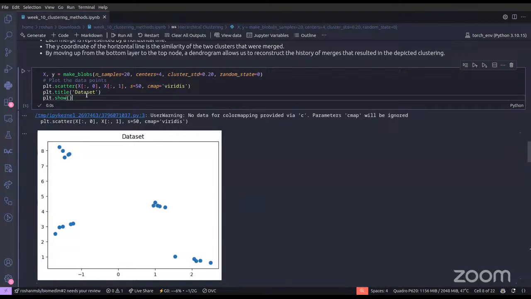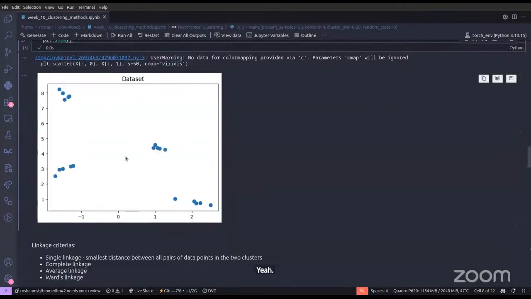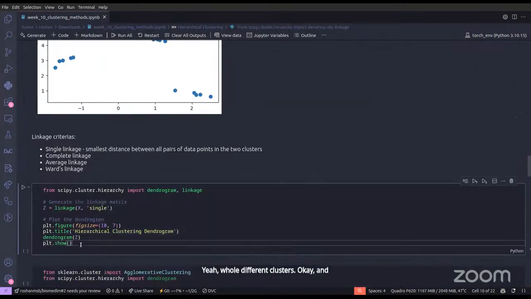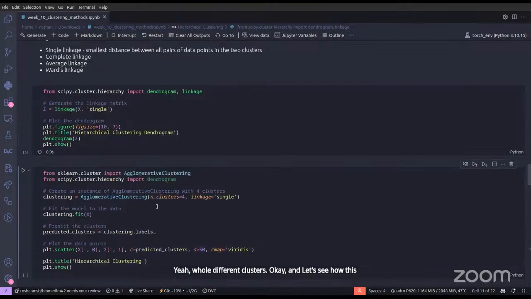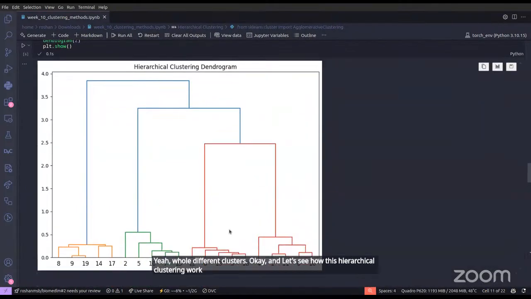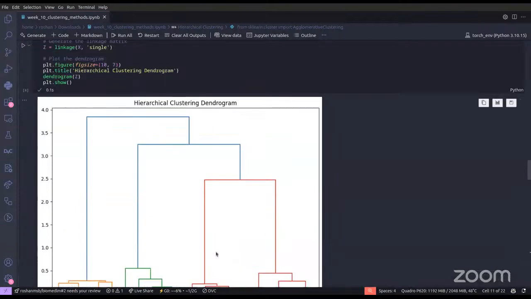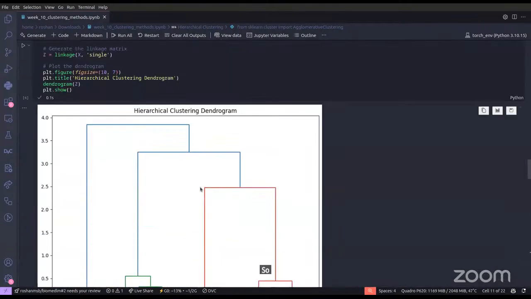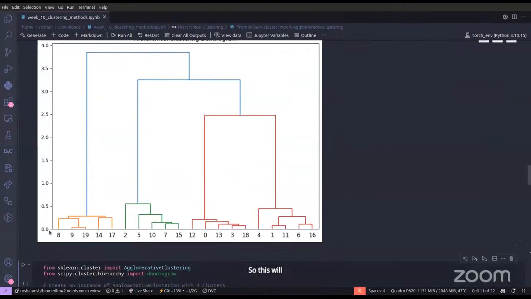Four, yeah, four different clusters. Okay, and let's see how hierarchical clustering works. So this will represent each individual point, and these are your data point indices.